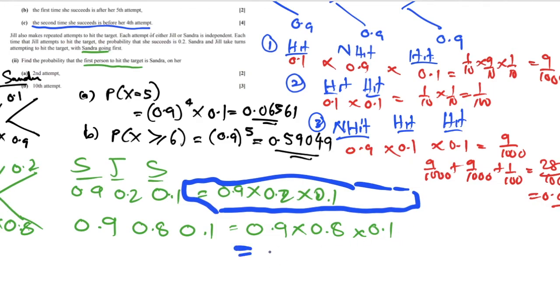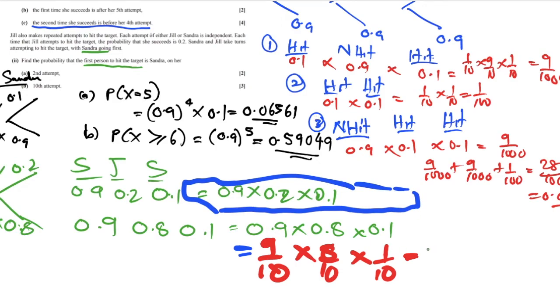So from here, you should get 9 over 10 times 8 over 10, and then times 1 over 10. Sorry about the smudging, I don't know, there's some difficulty, maybe because I'm using a marker.